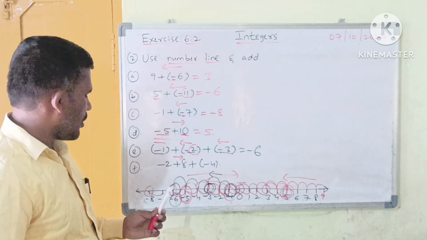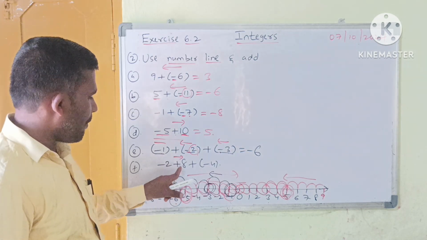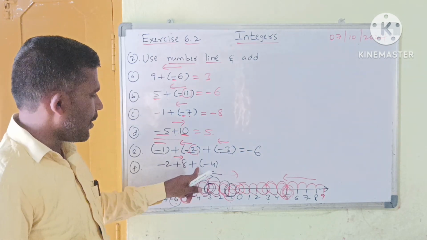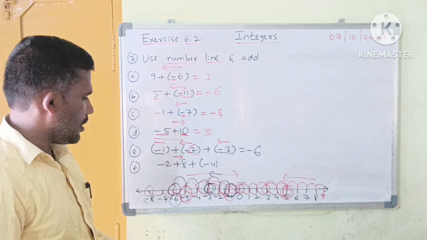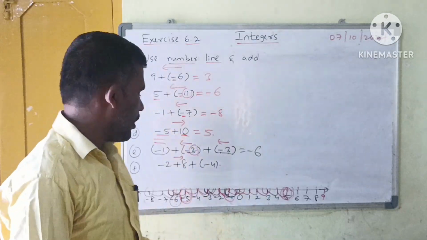Next, F. -2 plus 8 plus -4. Here we have to start at -2.